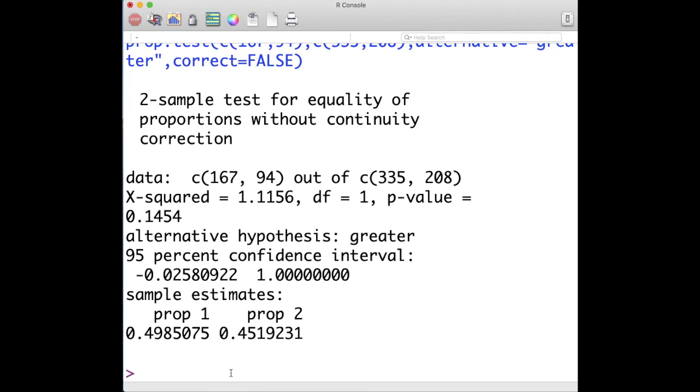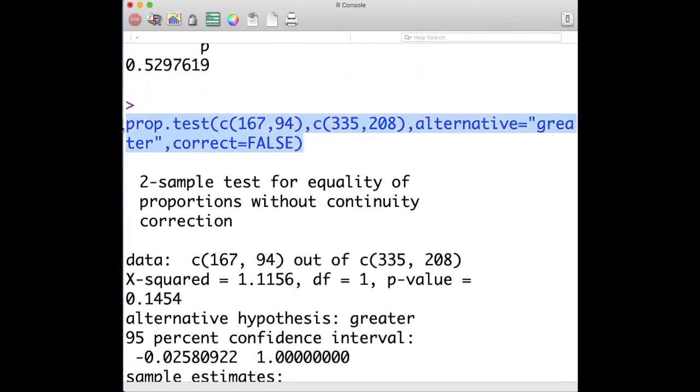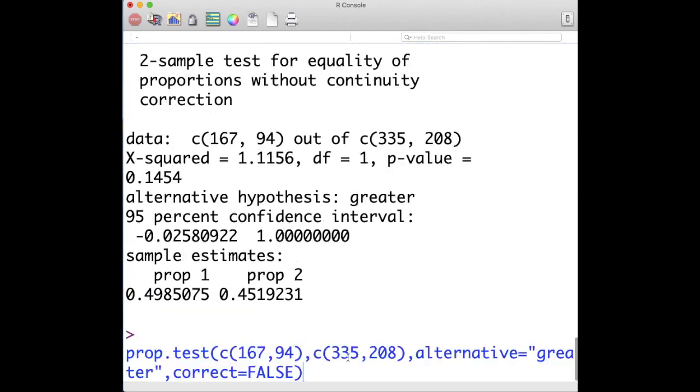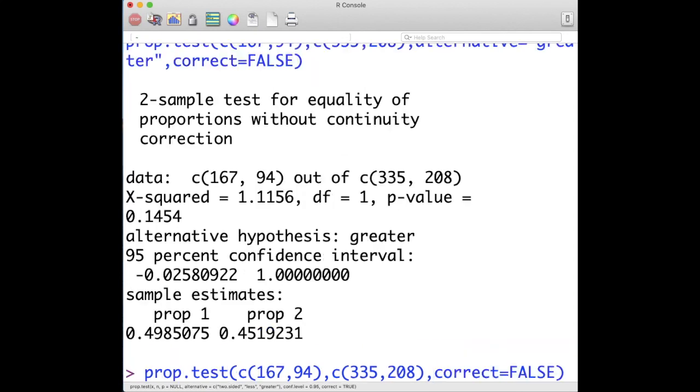Part B wants us to find a confidence interval for P1 minus P2. This confidence interval is wrong. Remember that we specifically were looking at an alternative hypothesis of greater. Whenever we talk about confidence intervals, that should be a two-sided hypothesis test. So what that means is I'm going to get rid of this alternative equals greater code.